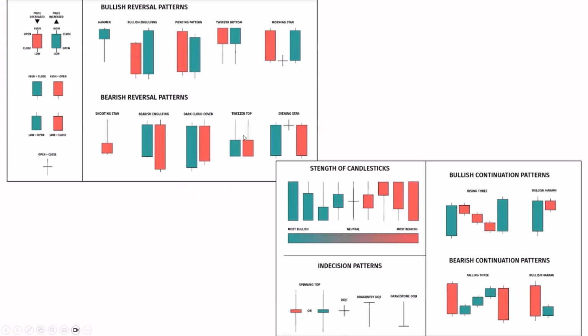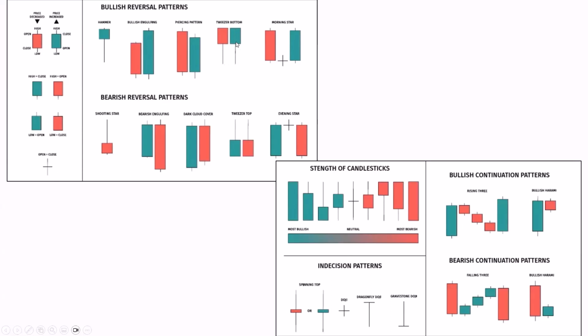One of my favorites is the tweezer tops and the tweezer bottoms. They're shaped like a tweezer. On a bullish move, the price is coming down. One candle comes down and it can't close and it goes back up. The next candle opens, it goes down and it can't close lower and it goes back up.